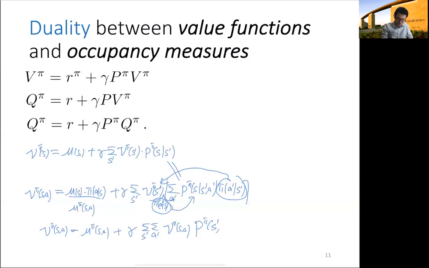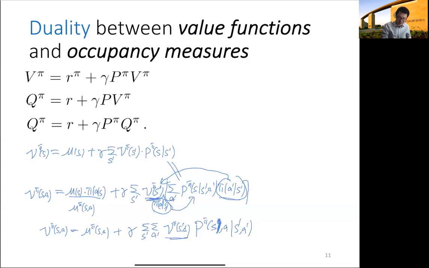Once we group these two things together, we get S prime, A prime, and then we have the transition to S, A given S prime, A prime. Notice that this is pi of A prime given S prime. I'm grouping this with the state occupancy measure, which gives us nu pi of S prime, A prime.